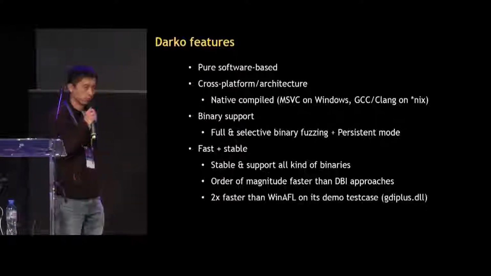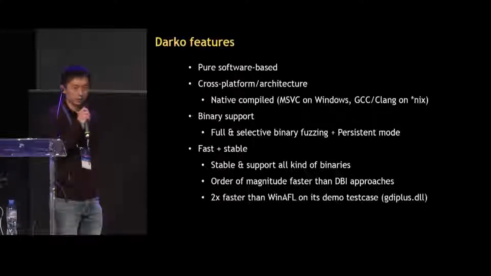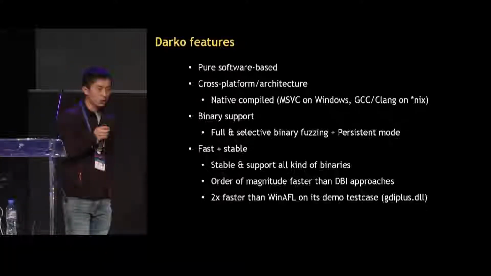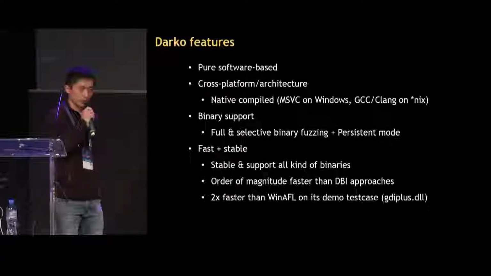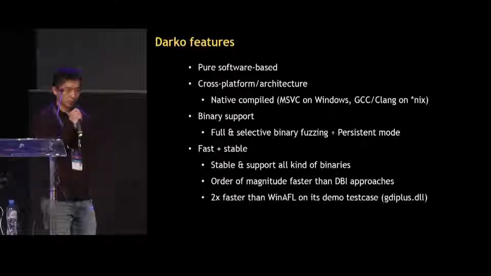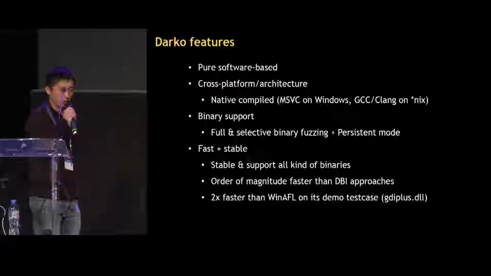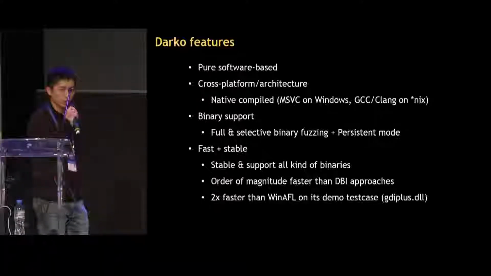These two balance the cost with each other and give a reasonable speed. We do not use the DBI approach, so we expect this to be faster, at least close to native speed. When enabled with persistent mode, we expect it to be even faster. On the demo case of WinAFL on GDI+, the measured speed is about 2 times.